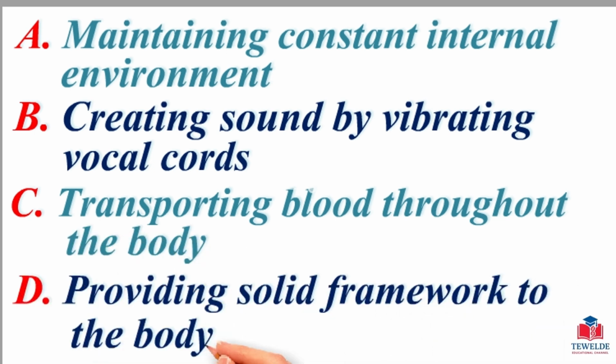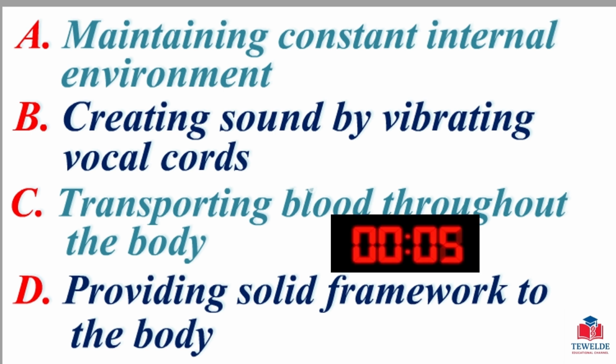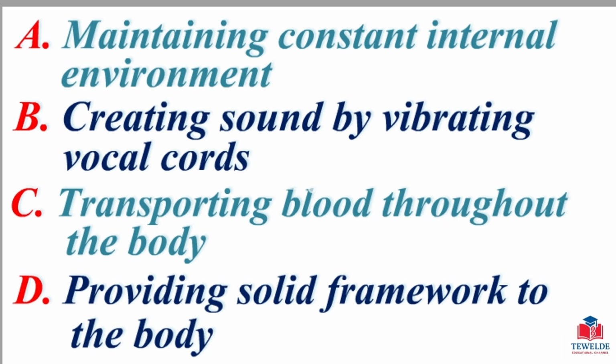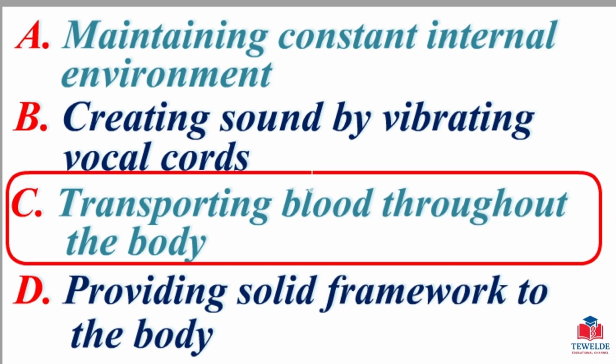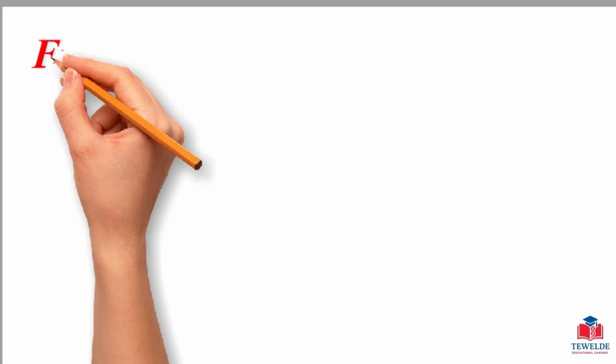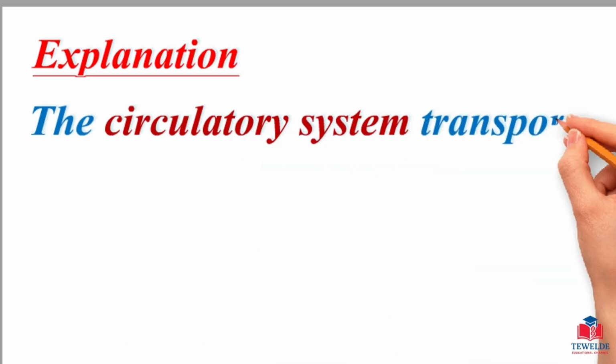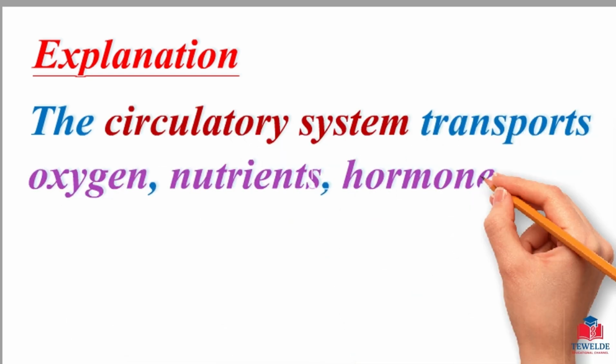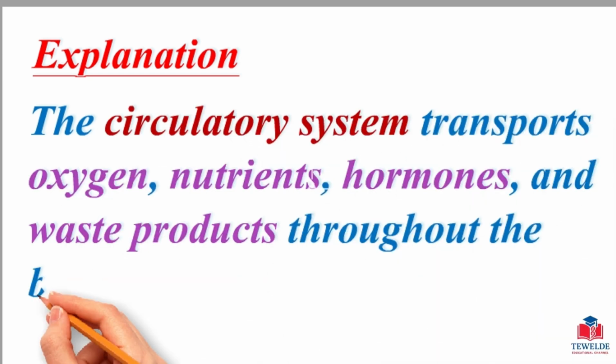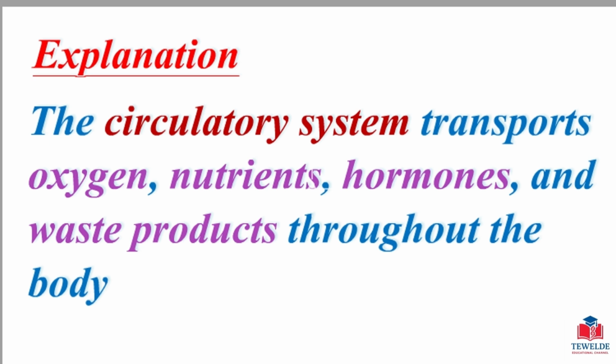D. Providing solid framework to the body. The answer is C. Transporting blood throughout the body. Explanation. The circulatory system transports oxygen, nutrients, hormones, and waste products throughout the body.